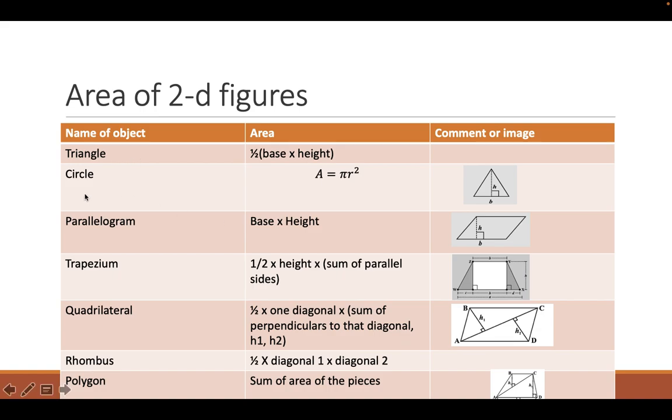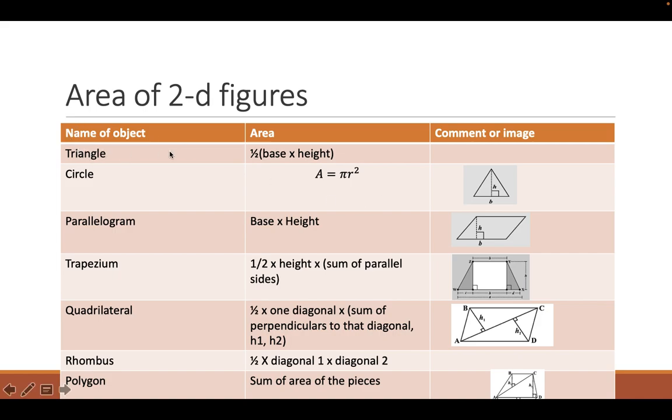The first one in this category is the circle. The circle's area you might have studied earlier: pi r square, where pi is the known constant and r is the radius. So pi r square is the area of the circle.